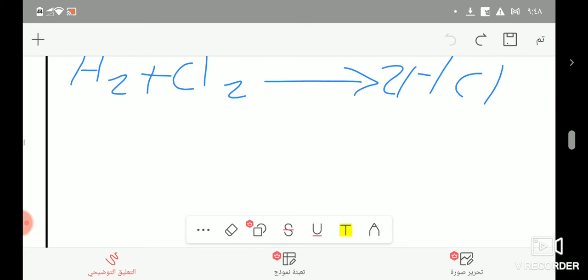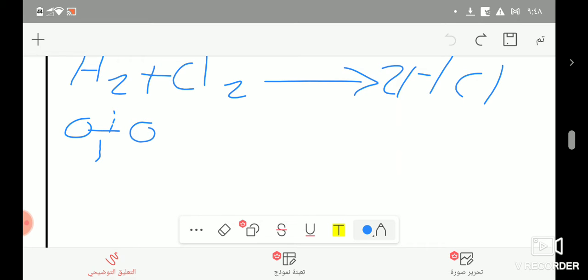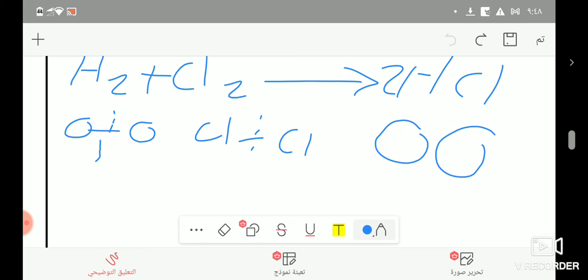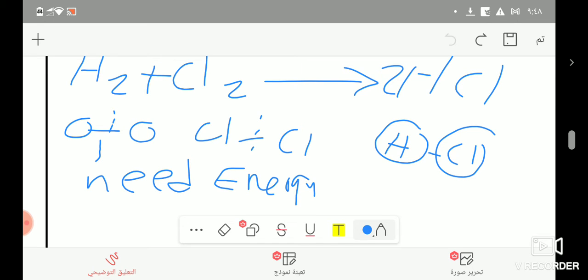During this process, breaking the bonds between two hydrogen atoms and two chlorine atoms is followed by making new bonds between hydrogen ion and chloride ion. So the process of breaking bonds needs energy, and the process of making new bonds releases energy due to the collision between particles to form a new bond.